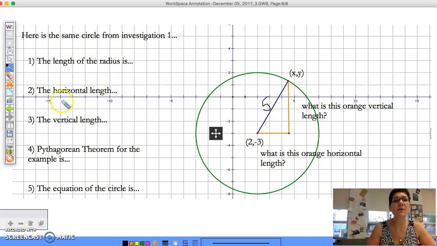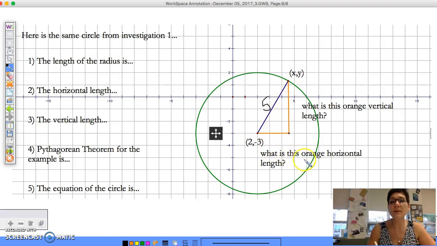So if you remember, I'm on the hunt for a horizontal length and a vertical length. And if you recall from a moment ago, when you have an ordered pair with a couple of variables, to get those lengths you subtract the x coordinates and you subtract the y coordinates respectively.